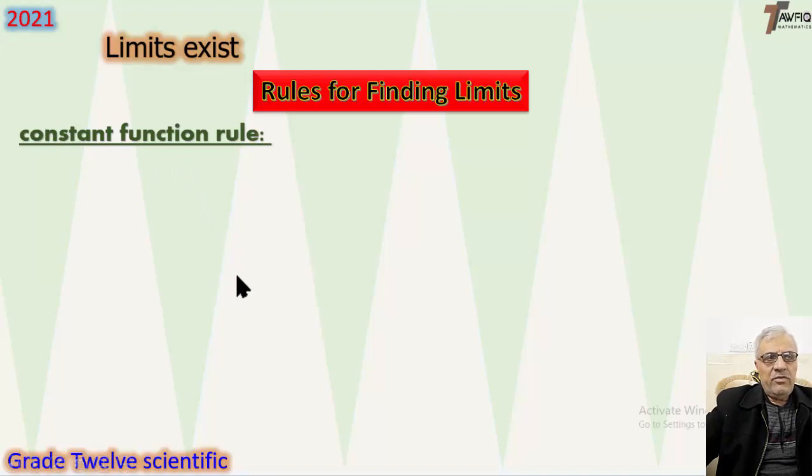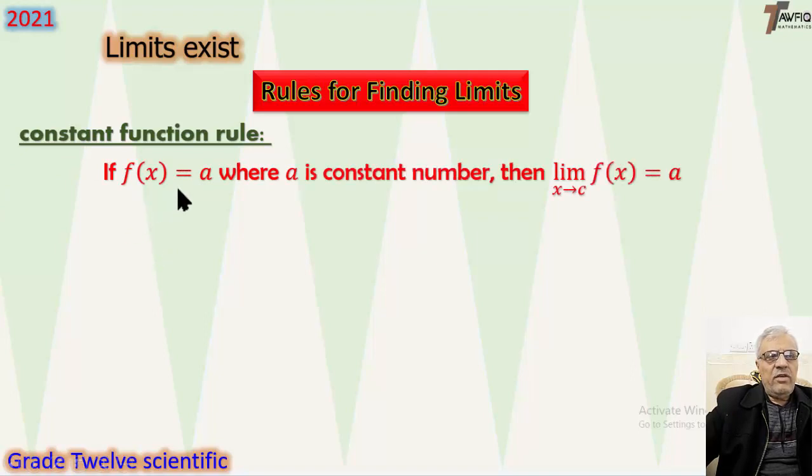That means if the function is a constant function, if f(x) is a, where a is a constant number, then the limit of f(x) when x approaches c is equal to a. That means the constant stays as it is.